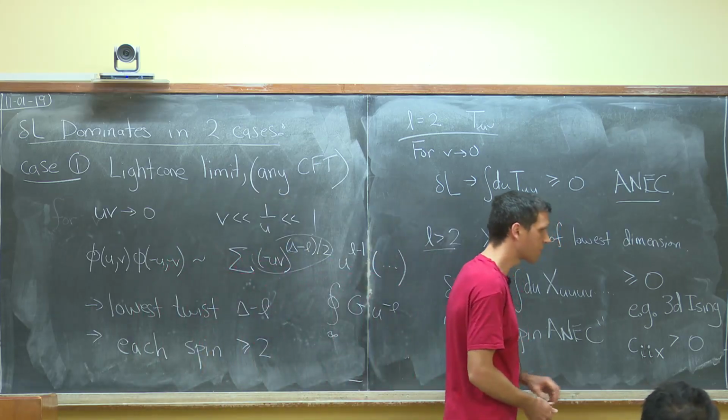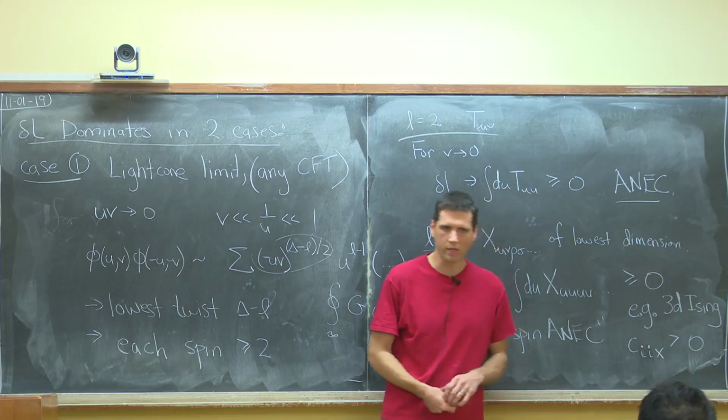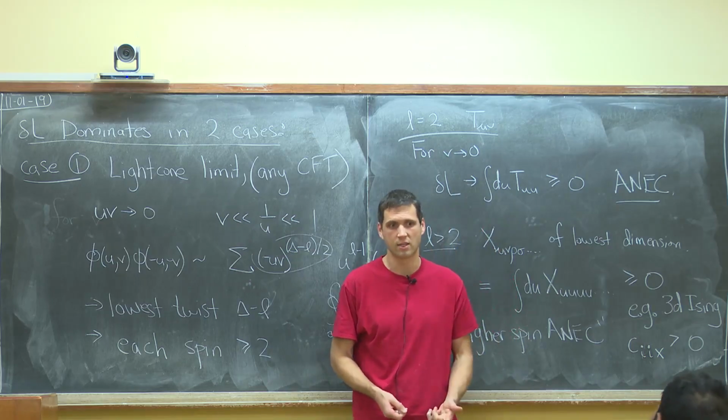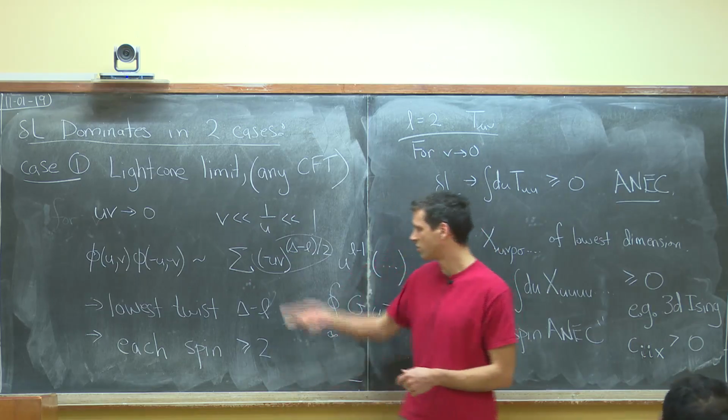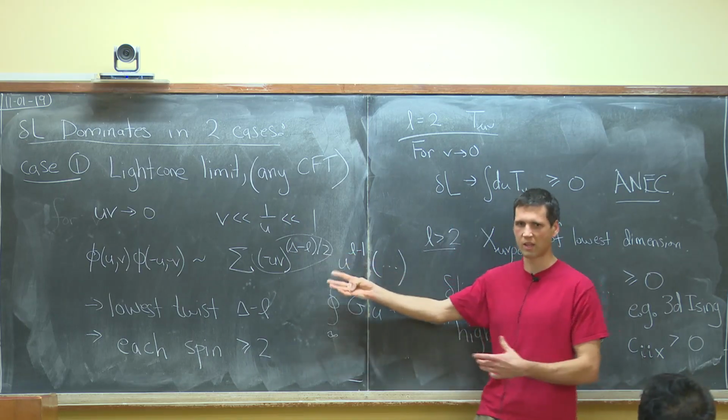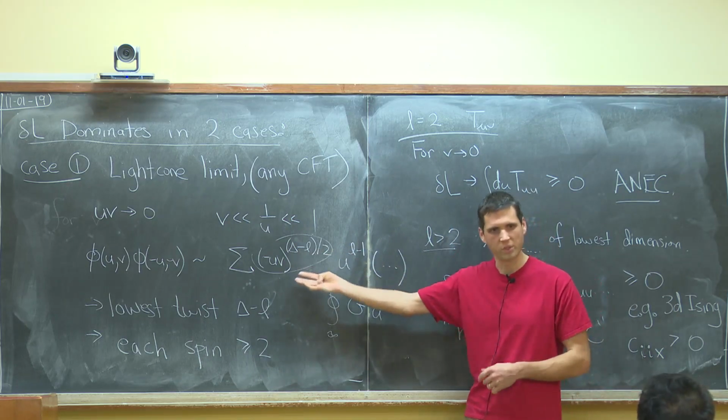So there are the positivity conditions that we get in the light cone limit work in any CFT and any state, because when I argued that this was leading, I didn't have to say anything about what kind of state we were in. It's just always leading.